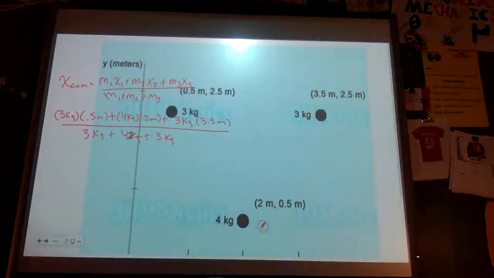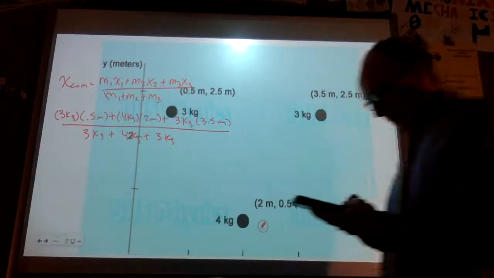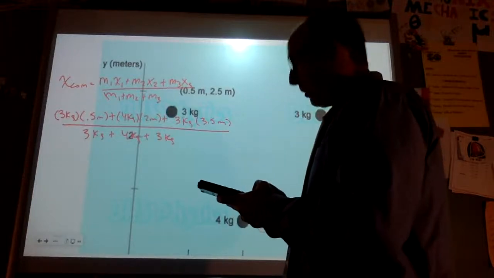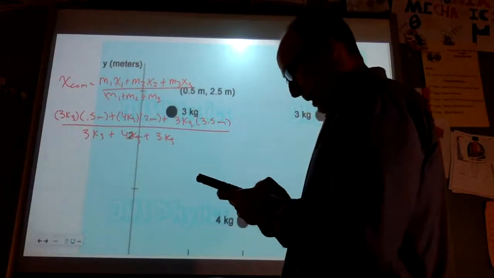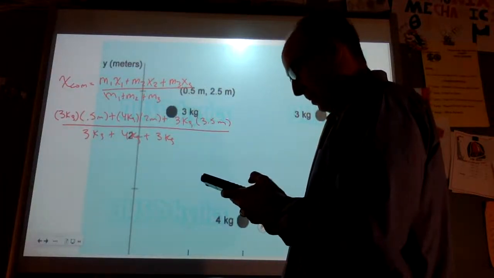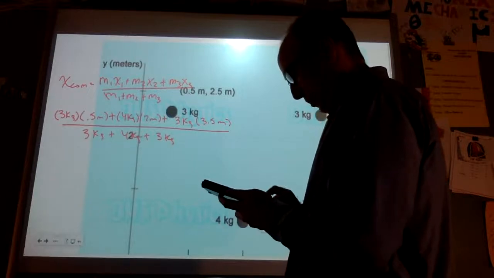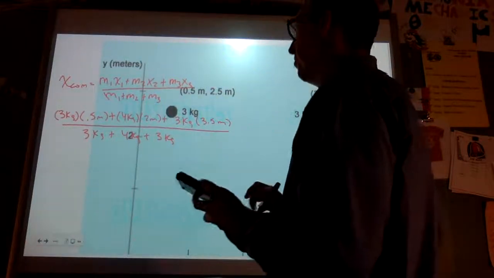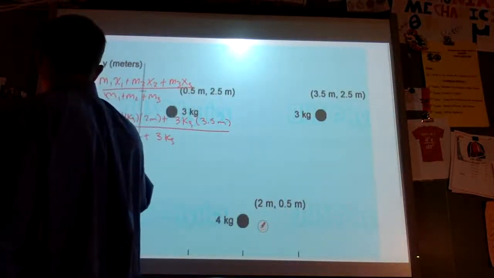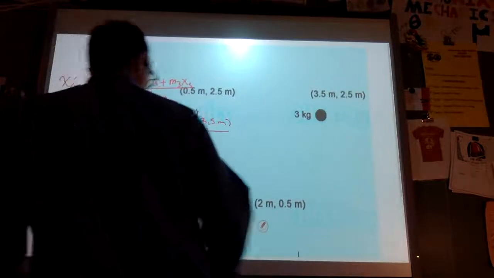I'm going to use a calculator. So this is 3 times 0.5 plus 4 times 2 plus 3 times 3.5, divided by 3 plus 4 plus 3. That gives me 2. So the X center of mass is located at 2.